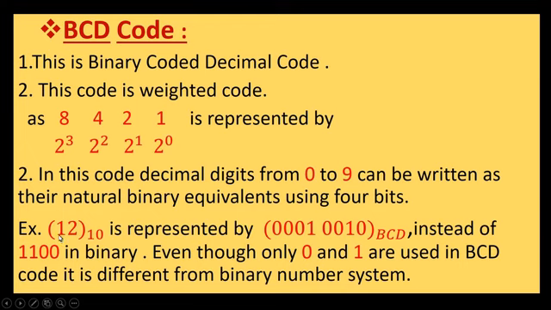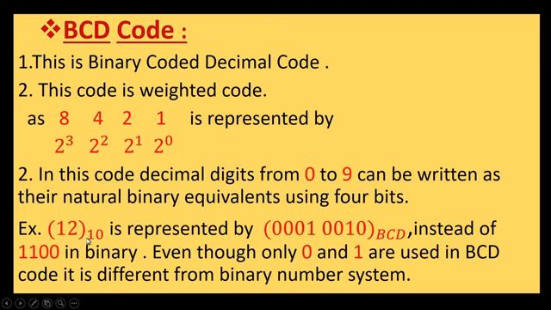For example, if we have to represent the decimal 12 using BCD, then we have to write a separate binary equivalent for digit 1 and digit 2, not directly the binary equivalent of 12.